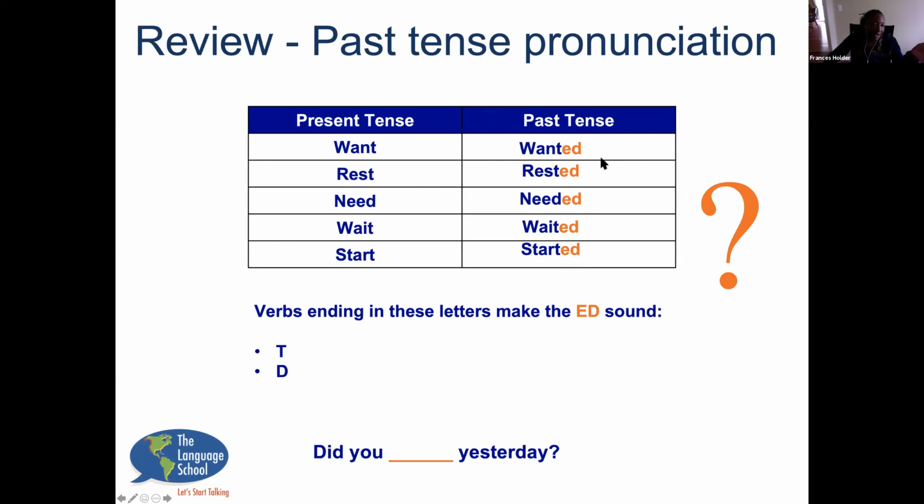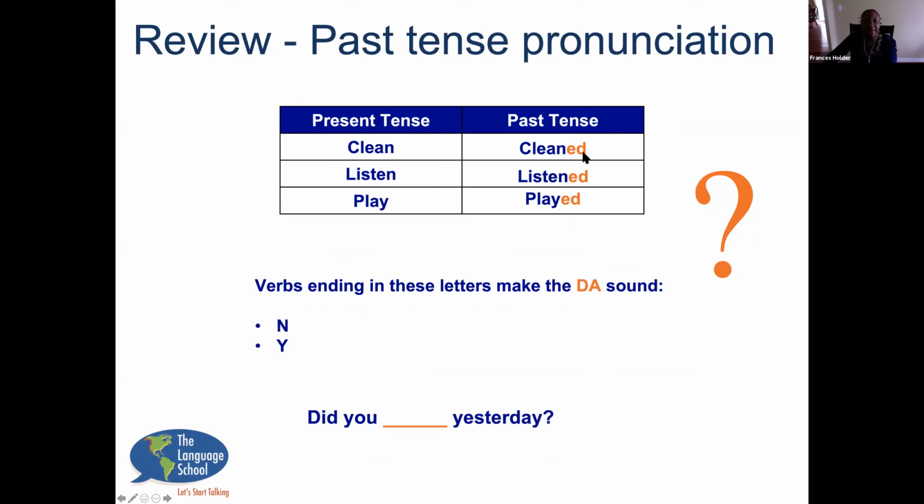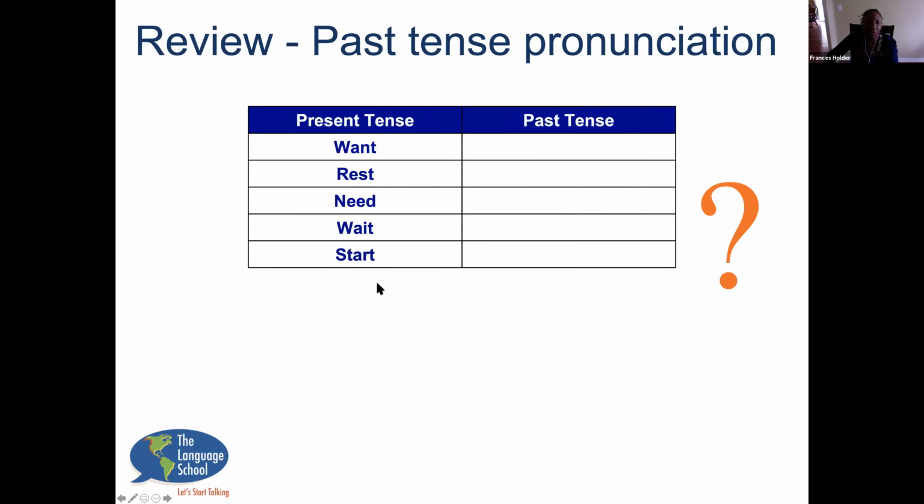Most Americans would say wanted. You don't even hear the T, okay? But wanted, that's two syllables, yeah? Two sounds, wanted, rested, needed, that's two sounds. Whereas in all the other cases, you don't pronounce the separate sound. Cleaned, listened, played, that's all one sound, okay? So only where there is a T or a D do you pronounce the ED as an additional syllable, okay?